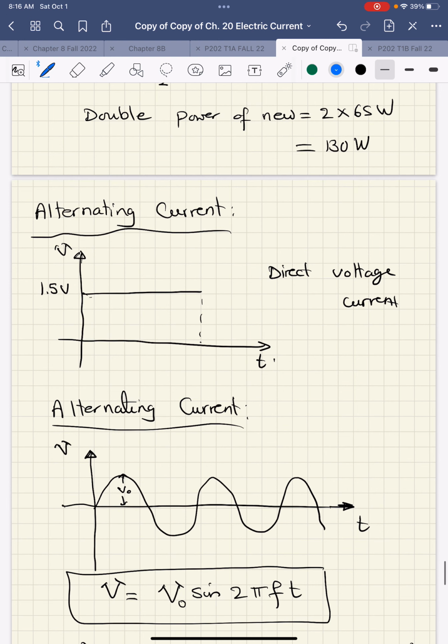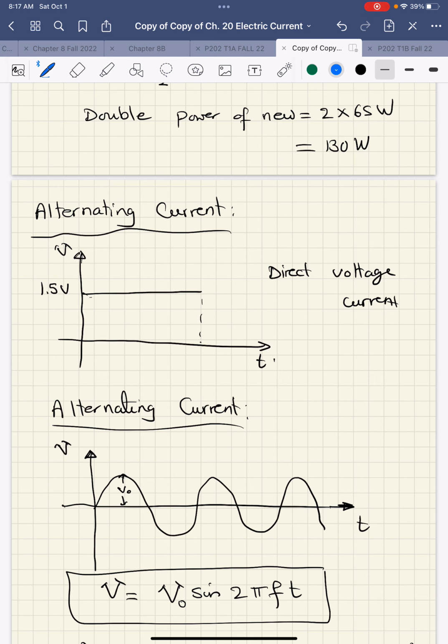Now we are going to introduce an idea related to direct current. The voltage is always constant.